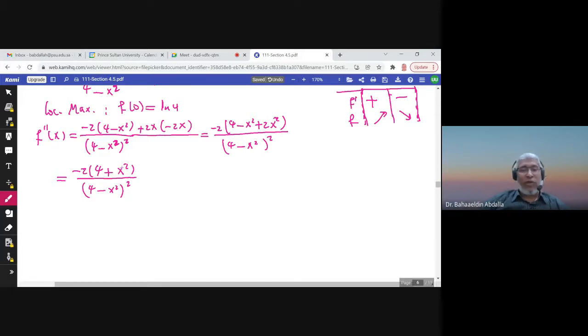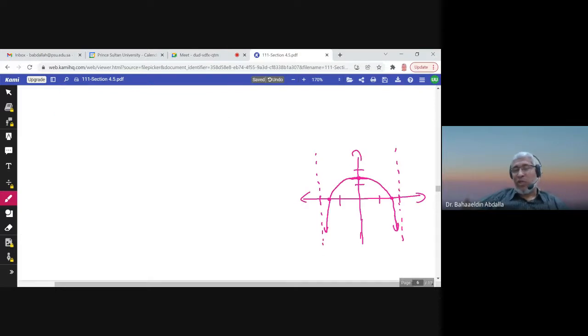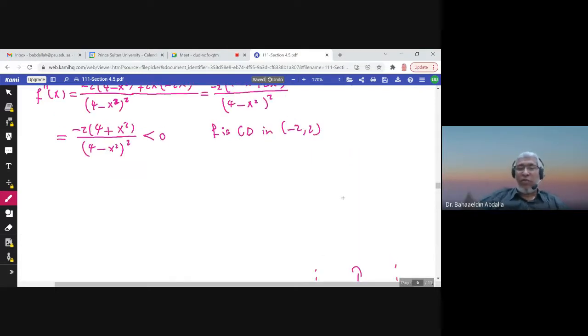So in fact, f double prime is always negative, because the denominator is squared, so it is always positive, and the numerator is always negative, because this is 4 plus x squared. So f is concave down in the domain from negative 2 to 2, which is the case. And there are no inflection points because concavity does not change.